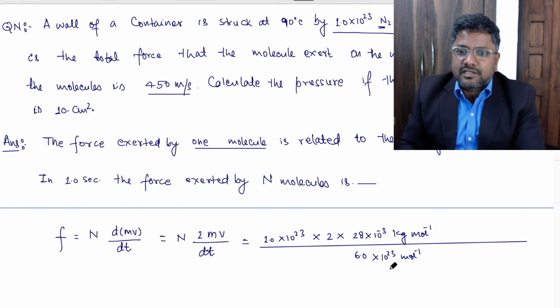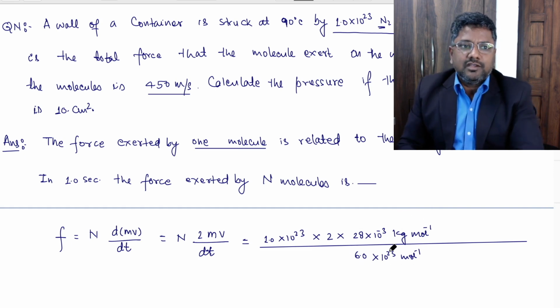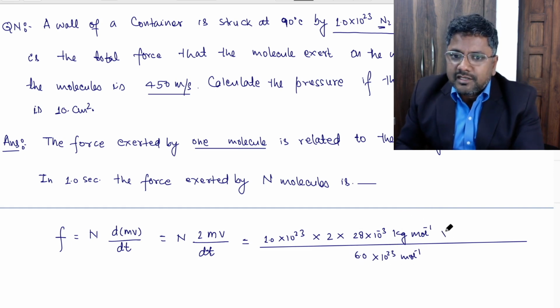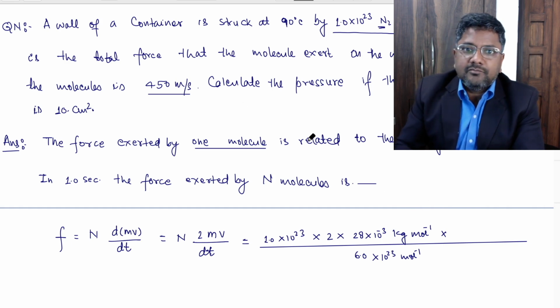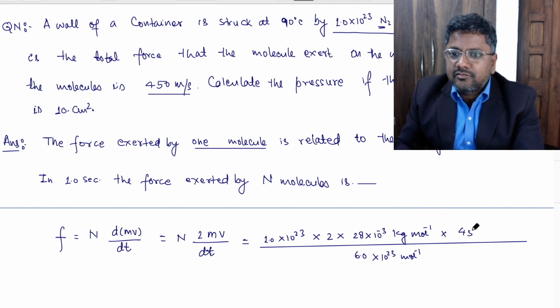So this is the mass of one nitrogen molecule, multiplied by 450 meter per second, and dt is 1 second, right?